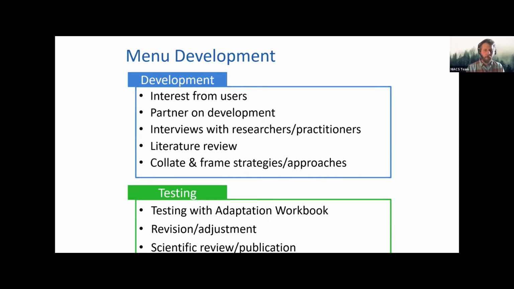So we had this interest from the users of the workbook, and then typically we partner with other organizations who can add capacity to our team and have expertise in that particular topic. One of the other courses that has been running in parallel, a little bit ahead of this course, is the wildlife management course.